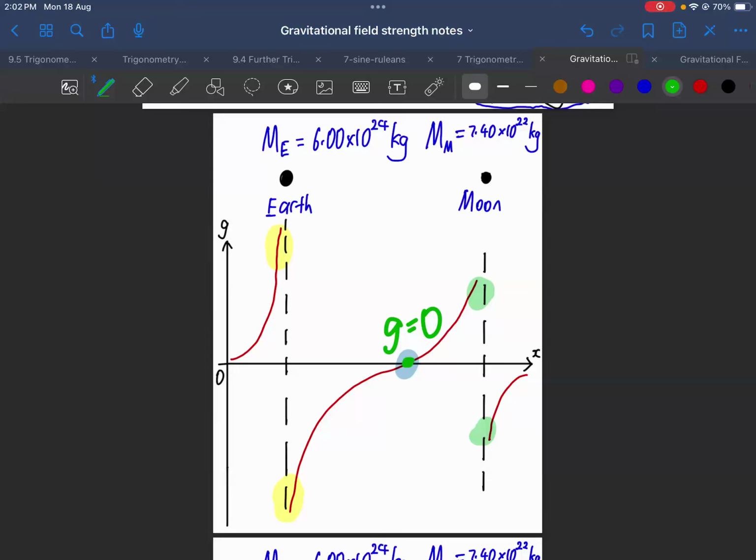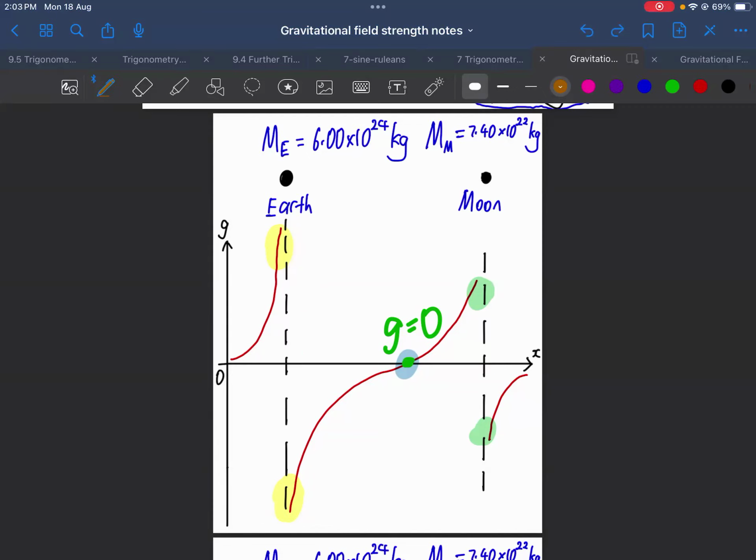Help me to remember that now your Earth has a greater mass. No wonder the magnitude of the G at the surface of the Earth is so big. Like here, you look at this, it is so high compared to here, compared to the moon.